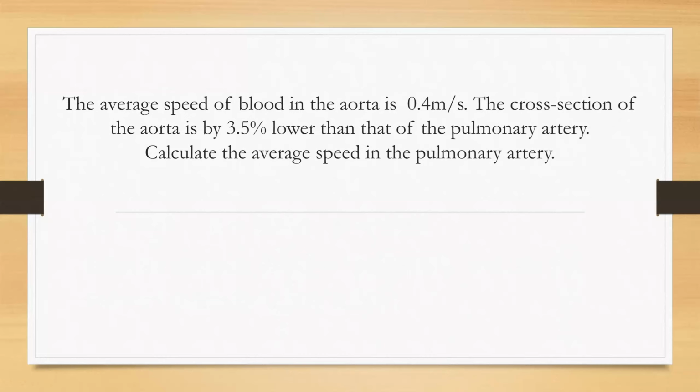First of all, we have to know that area times velocity is always constant, because here we don't know the exact value of the area. So we have to know this rule: area times velocity is constant. The equation would be S times V is constant, which means S1 V1 equals S2 V2 equals S3 V3, where S is the area and V is the velocity.